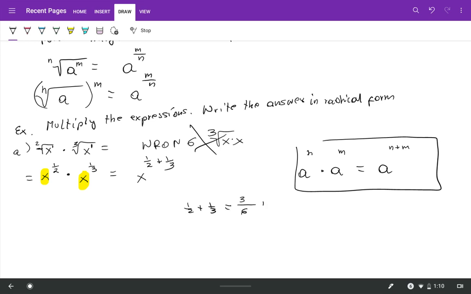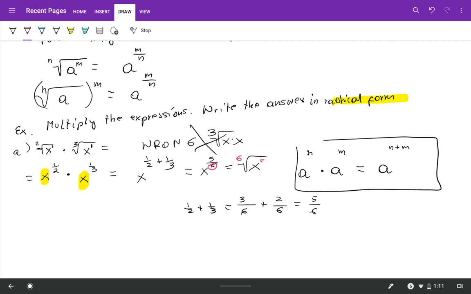Okay, so that's what we're using here. So now we're just going to add the fractions 1/2 plus 1/3. You need to find the common denominator, which is 6. So this is the same as 3/6 plus 2/6. Okay, so we get a common denominator, and that will just give you 5/6.